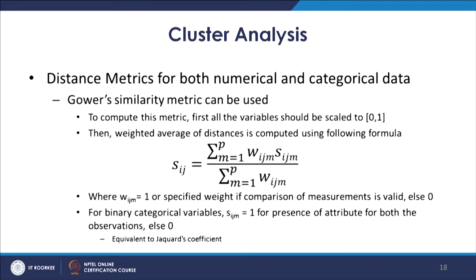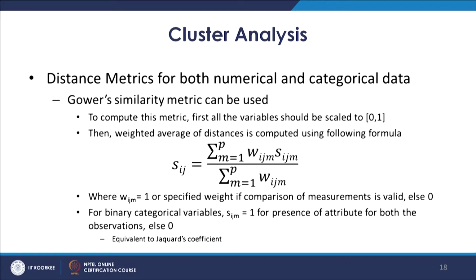The second step involves taking a weighted average of distances computed using the following formula. This formula accommodates both the numerical and categorical variables. So, we look at Sij. Here S denotes the similarity between two observations i and j.